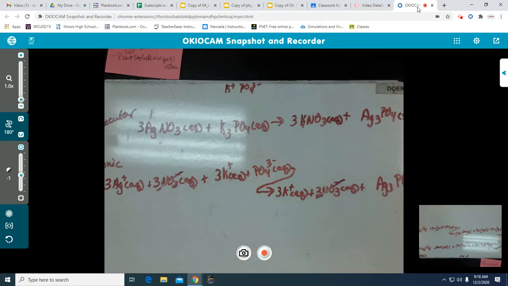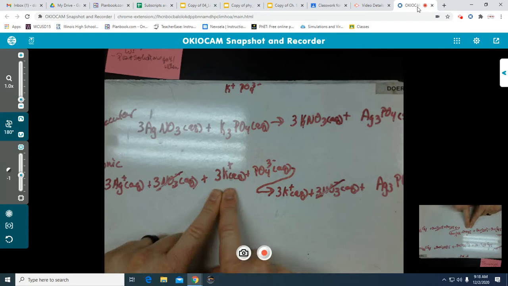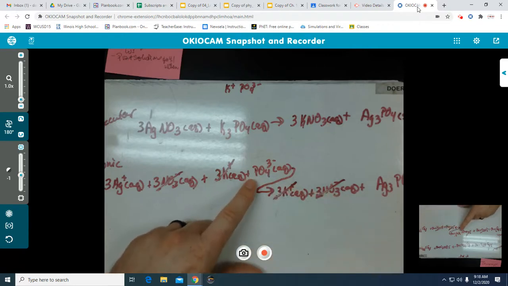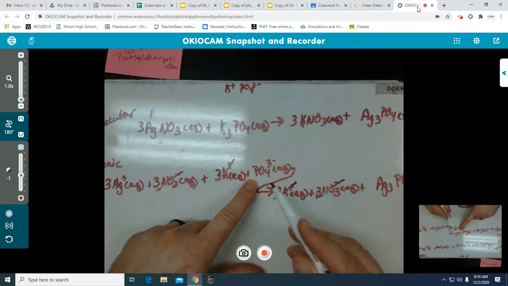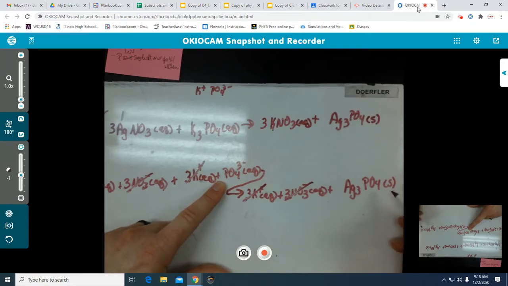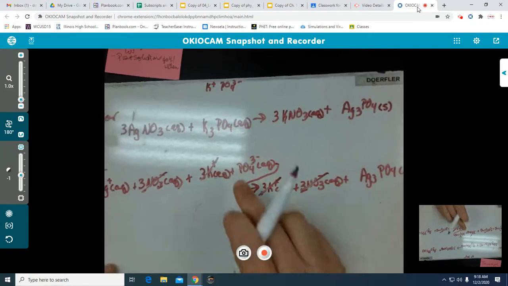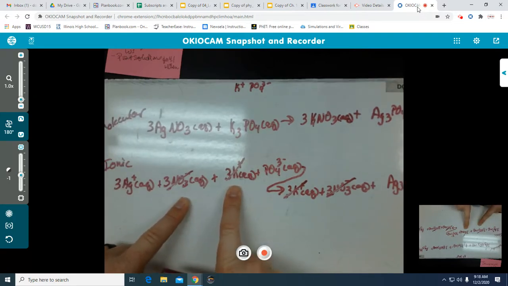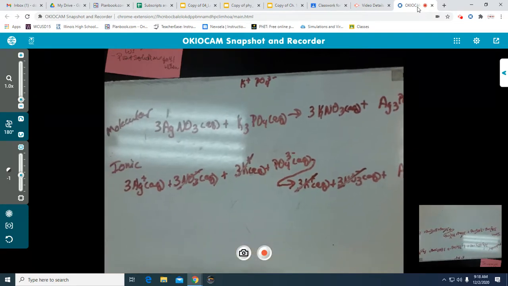Those have not changed. 3K+ aqueous on the left, 3K+ aqueous on the right did not change. And phosphate, PO4 3- aqueous, joins with silver to form a solid, so it does not get crossed out. So nitrate and potassium ions are the spectator ions.